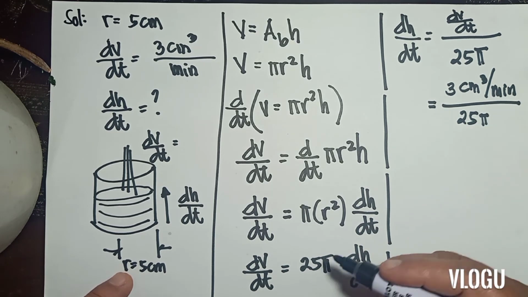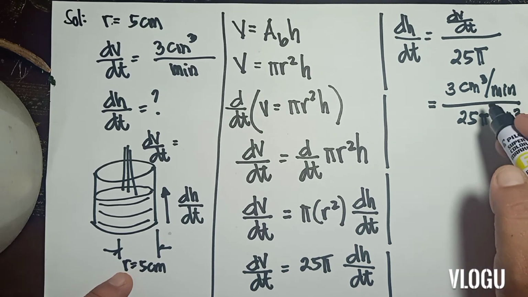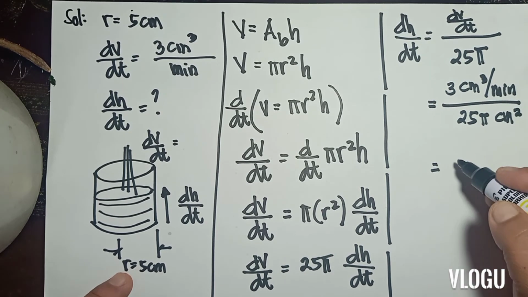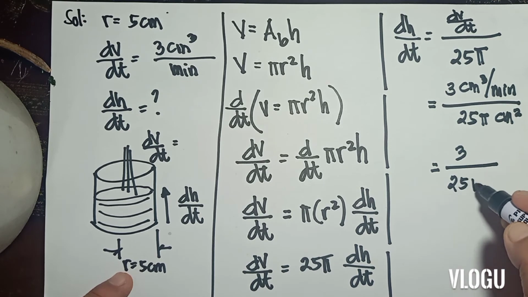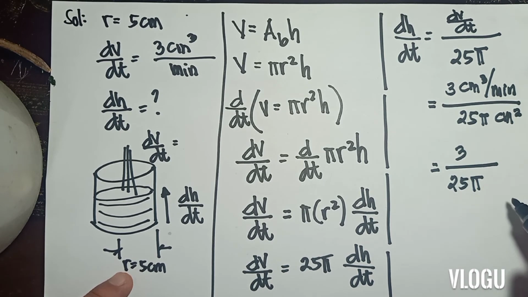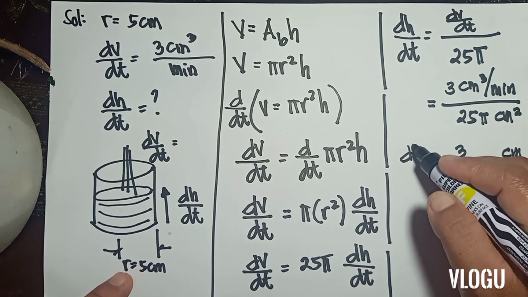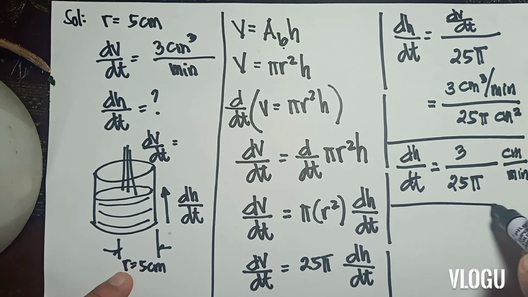The unit of 25 is square centimeters, so you can cancel the square centimeters. What remains is 3 over 25 pi, in units of centimeters per minute. That is now our dh/dt, so that is our final answer.